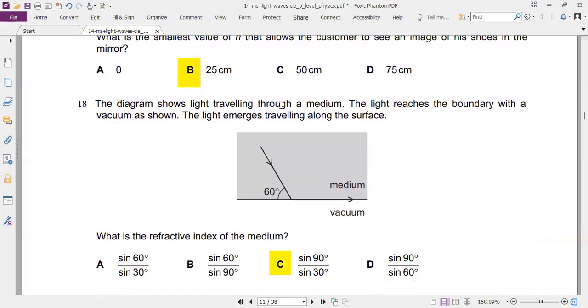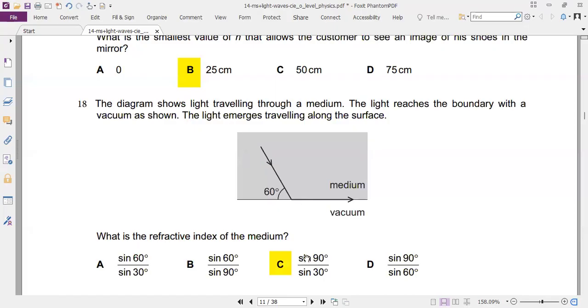Number 18. So it is the critical angle, and the critical angle is the angle where the reflected ray makes 90 degrees with the normal.